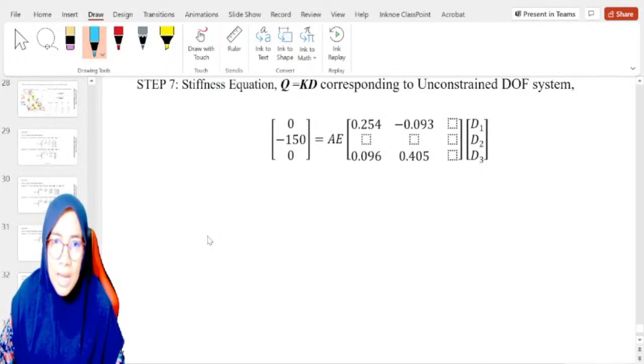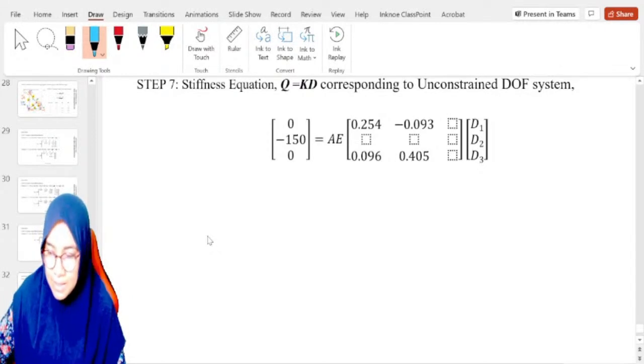For this part, I will not consider the temperature changes first. We focus on the basic equation Q is equal to KD.